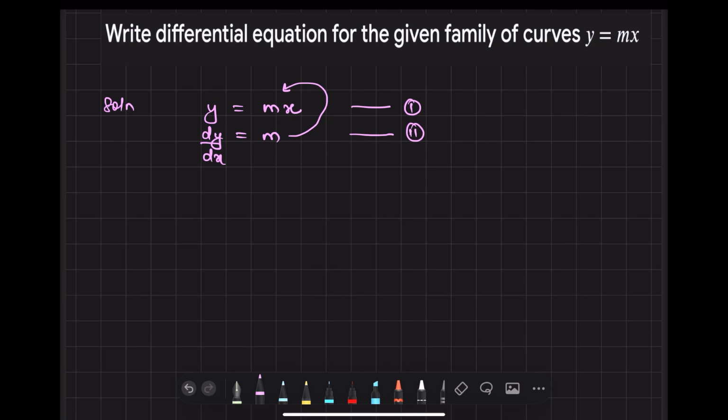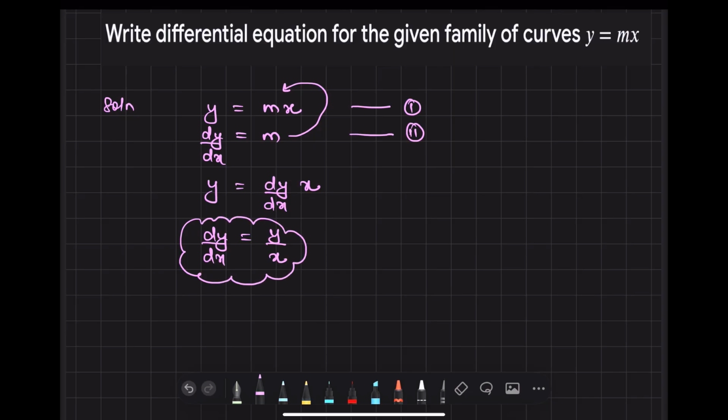So we get y equals dy by dx times x, correct? So can I write dy by dx equals y by x? So we got our differential equation done. I hope things are clear.